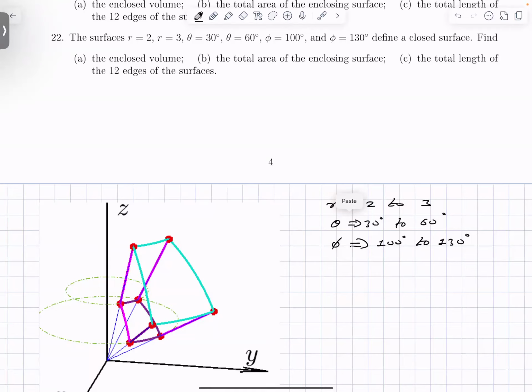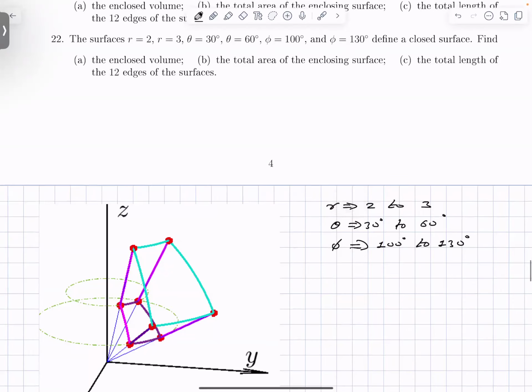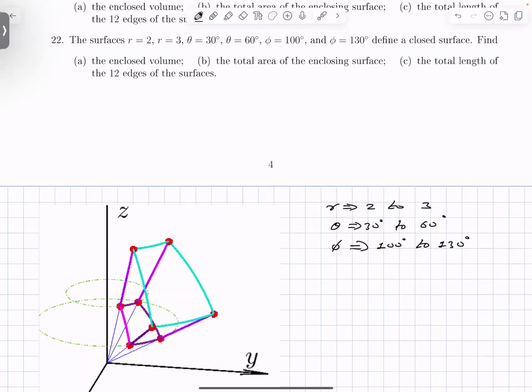This is not a differential volume anymore. This is a bigger volume, and we'd like to know what the volume is. We'll also determine the areas of the 6 different surfaces, and we'll find the total surface area. And we're also going to find the length of the 12 edges.